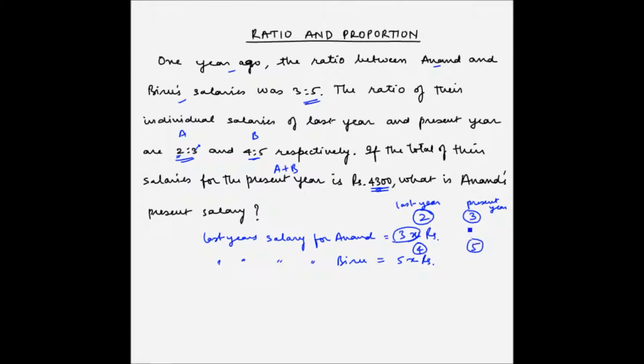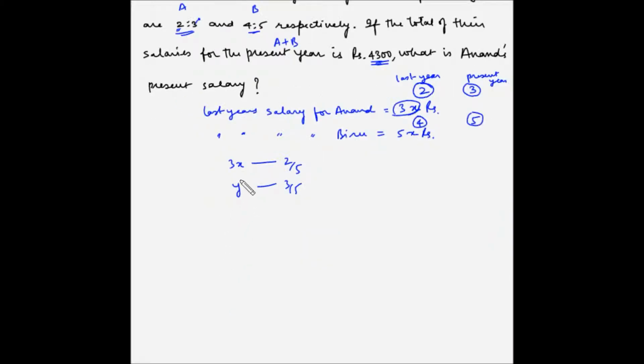So now we have to find out what 3 by 5 will be equal to. So if 3x is same as 2 by 5, let's say this is y, that is present salary for Anand, equates to 3 by 5. So here we have to find y.